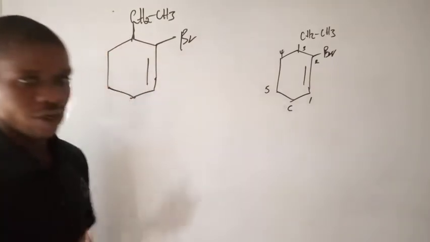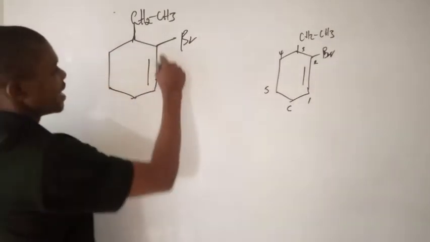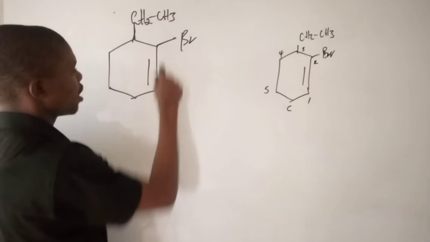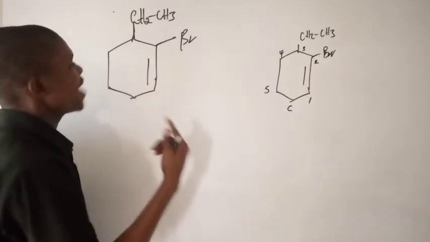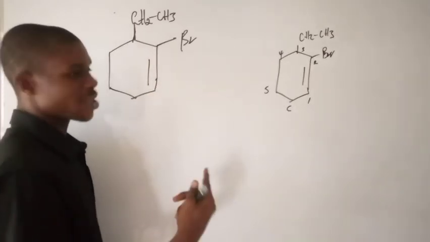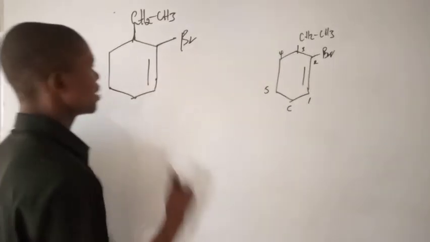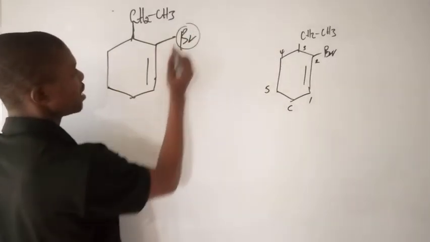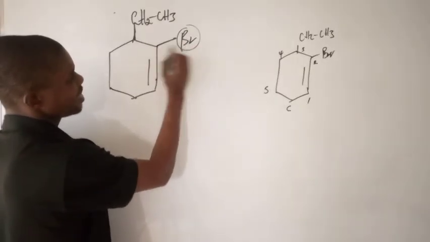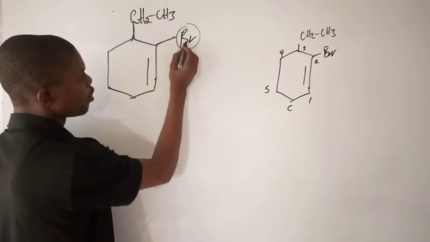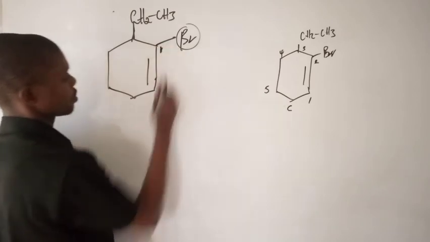Which is wrong. These two points of the double bond, either here or here, can be my carbon 1. But if one point carries a substituent, that point automatically becomes my carbon 1. Because this carbon atom carries the bromo, it is going to be carbon 1.